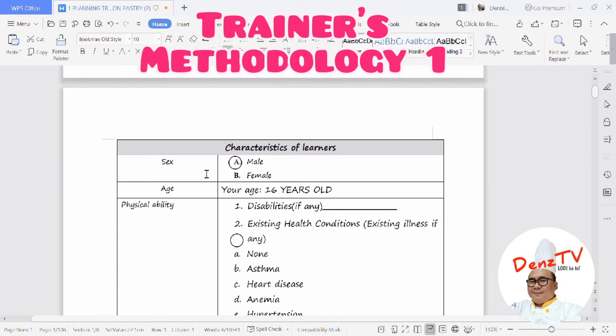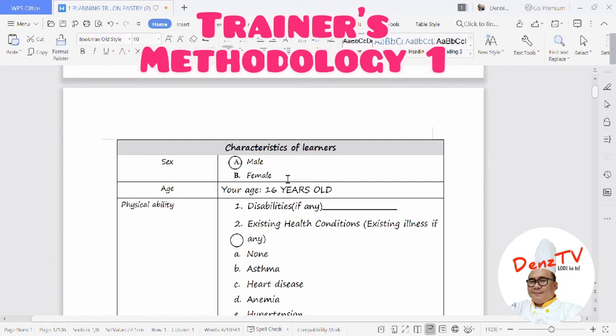Next, how about the gender characteristics? What does it mean to the plan? You know what, my dear trainees, the whole plan is affected if you have a group of all female, all male, or a mixture, if there are activities that involve demonstration, role play, and so on.